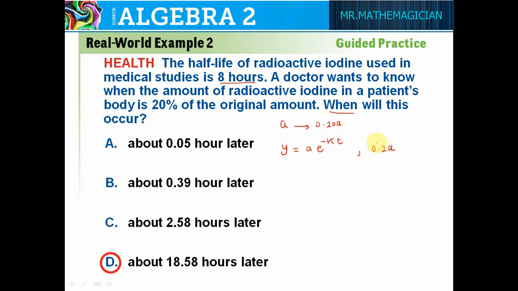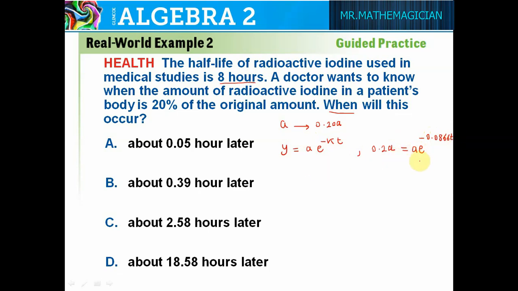It's the same as 0.20, by the way, equals a e to the negative k, which is mentioned before as 0.0866t.